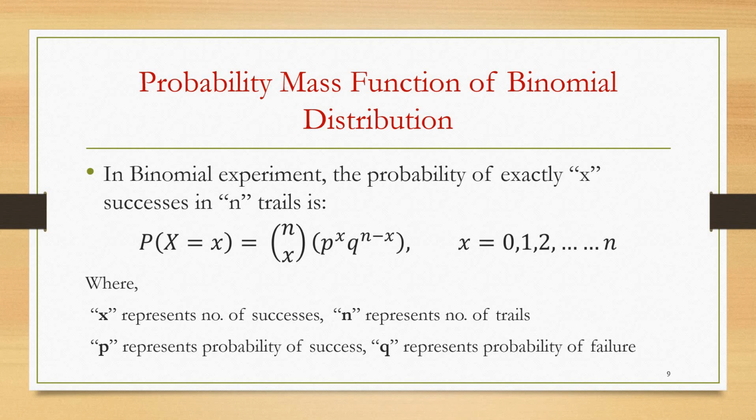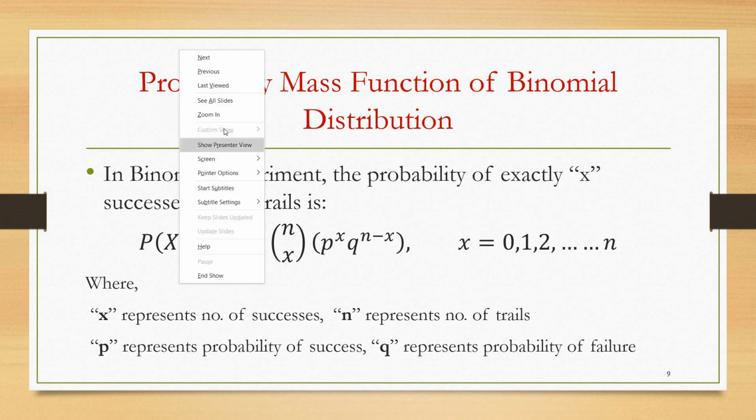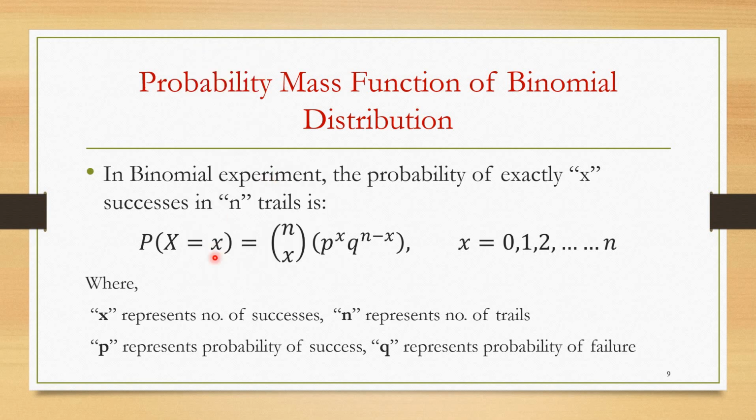In a binomial experiment, the probability of exactly x successes in n trials is P(x) equals nCx, this is combination nCx, p raised to power x, q raised to power n minus x, where x is equal to 0, 1, 2 and so on up to n.